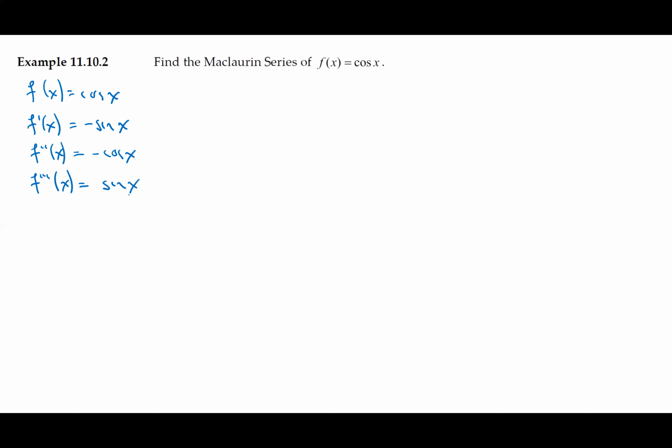So remember, Maclaurin series means our c is 0. So A0 is going to be cosine 0, which is 1. A1 will be negative sine 0, which is 0. A2 is negative cosine 0 over 2, which is negative 1/2.